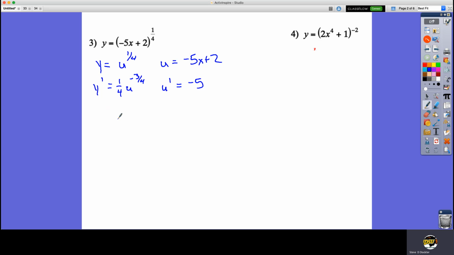From there, we just multiply those together. So we get negative 5/4, and then we can throw the u in there. Technically, that's all the further you would have to go.